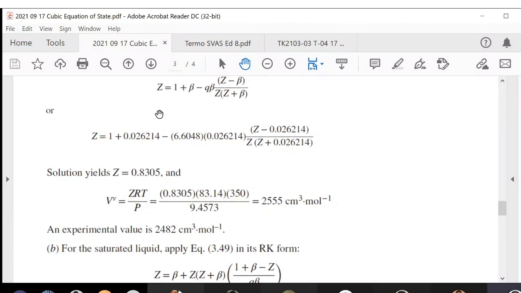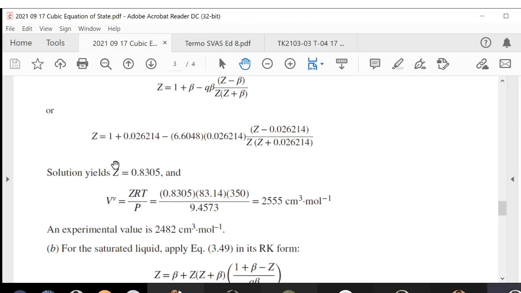First, we need to recognize that this is cubic equation of state. Cubic mathematical equation. When we have Z multiplied by Z, it is quadratic. When we have another Z over here, it is cubic. If we need to find the root of that Z, we will get 3 roots because it is cubic. Okay. Now, over here, when we do substitution, we get that Z 0.83.